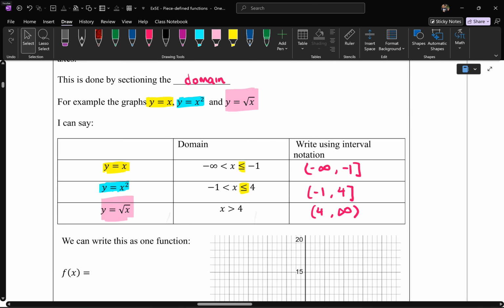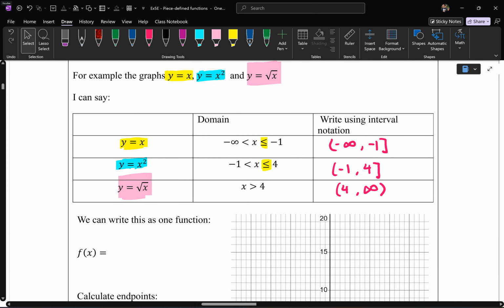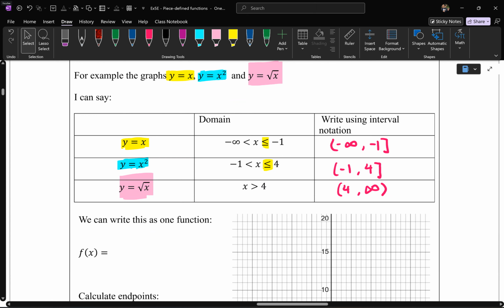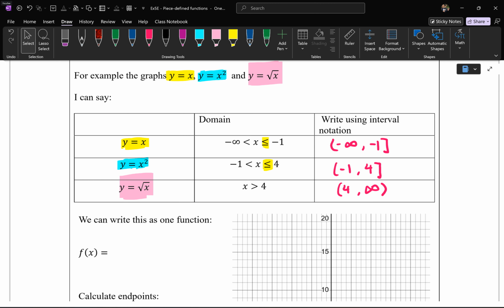Now, when you're writing your piecewise function, instead of writing y equals x squared, y equals root of x, it takes too long, right? You can give the domains in standard notation or interval notation. You just need to be able to read both of them. This is what it will look like. You use a massive curly bracket, because curly brackets are used when you're listing.